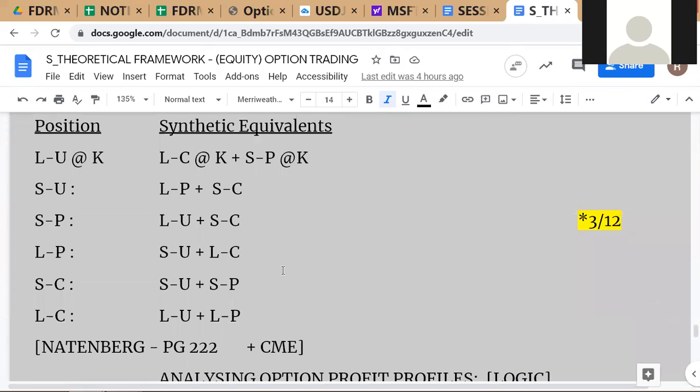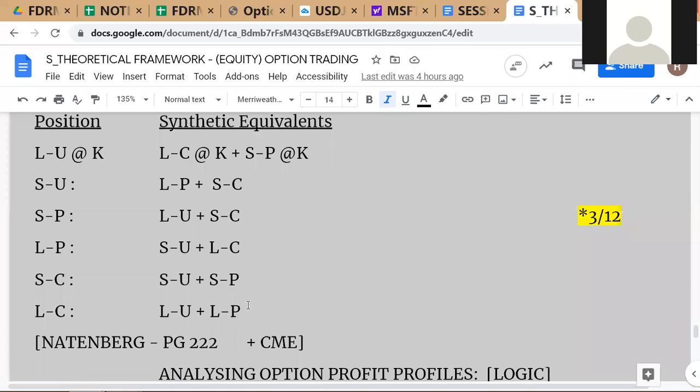Alright, so where we left off, I'll just make sure we recap this. Remember, you'll see this even in the Natenberg book. There are 6 positions: long and short underlying, long and short calls, and puts, a total of 6 positions.